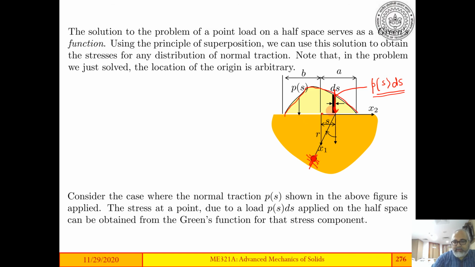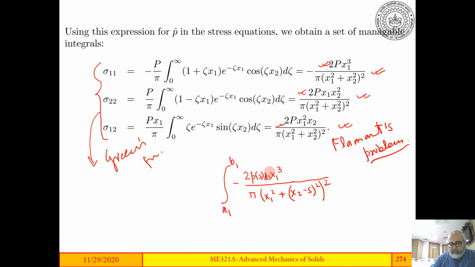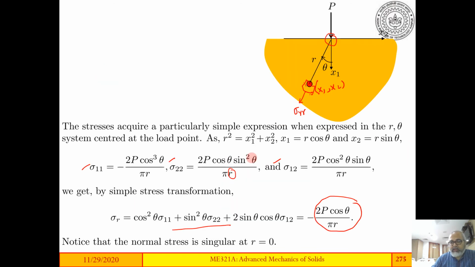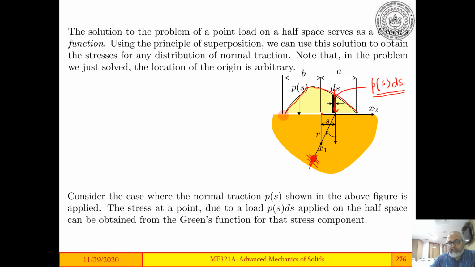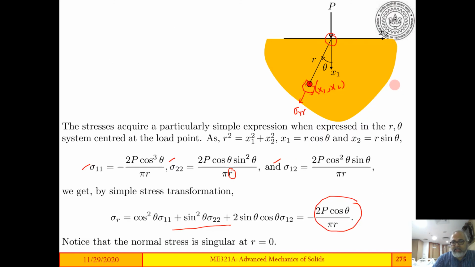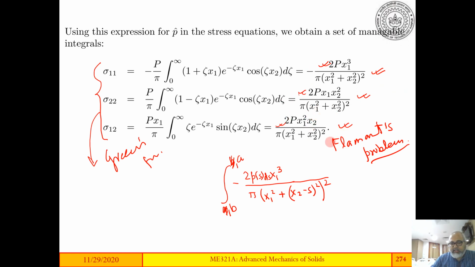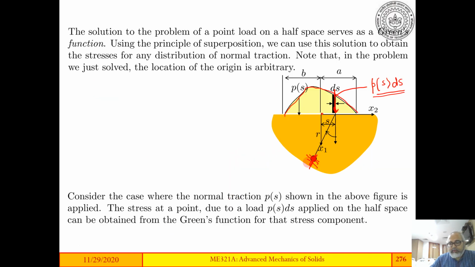So I will scan from B to A, and when I scan from here to here, I take all these small strips ds, each of which has a contribution of this sort, the integrand here. Then I sum them up by doing this integral, and that gives me the total stress at this point due to this complete distribution of load. It gives me the total stress sigma 11 at this point.